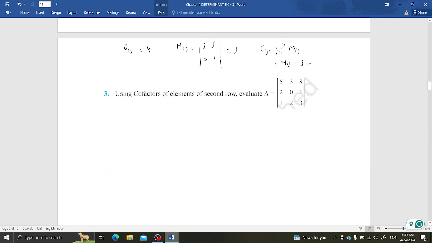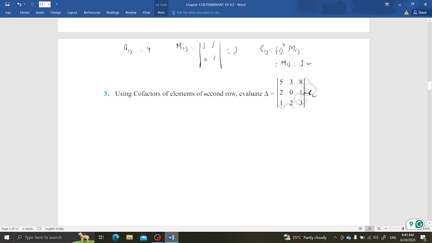Using cofactors of the elements of the second row, they are saying second row, this is our second row, this is our R2. Using the cofactors of the elements of the second row, we need to evaluate this determinant. Recall that I told you how we can expand any determinant along the first row, second row, third row, or first column, second column, third column.